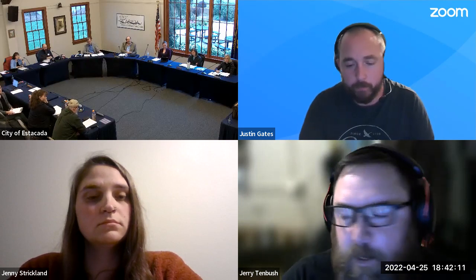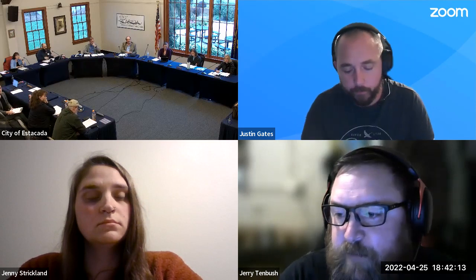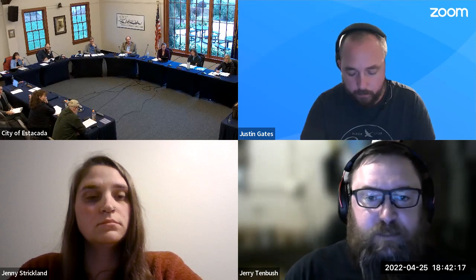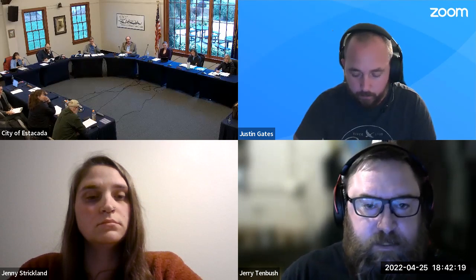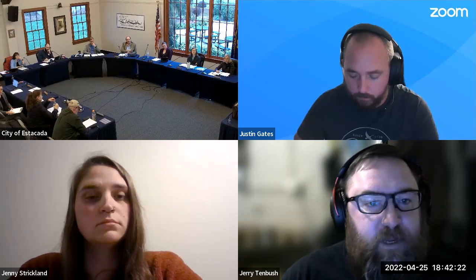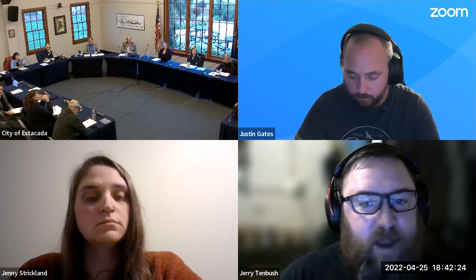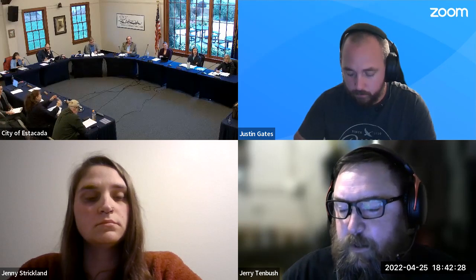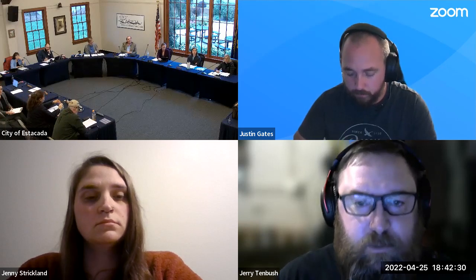This equity lens is a tool that you can use in your day-to-day lives. If you actually read the equity lens, there's a lot of stuff in there that you can use. This equity lens isn't just meant for the DEI committee. This equity lens is meant for all of us, for every committee, for everybody. I mean, there are things in this equity lens that you could use for making personal decisions in your regular daily life.